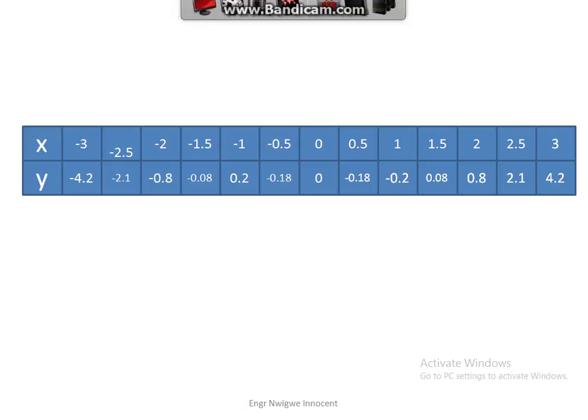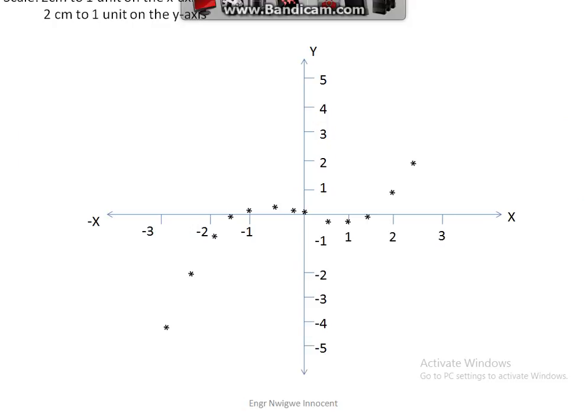The next figure. We now go to the table. The next figure there for x is 3, and under it is 4.2 for y. Then we now trace 3 along the horizontal axis upwards and trace 4.2 along the vertical axis rightwards.